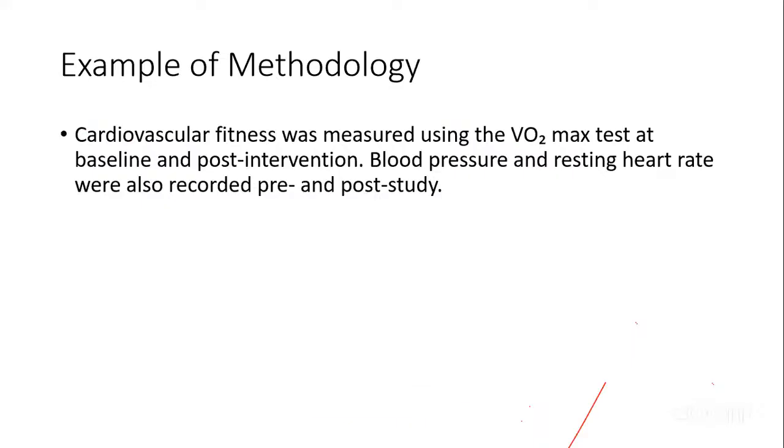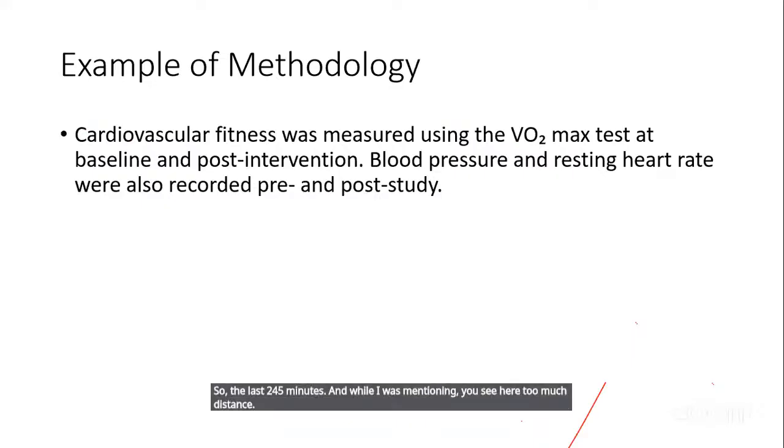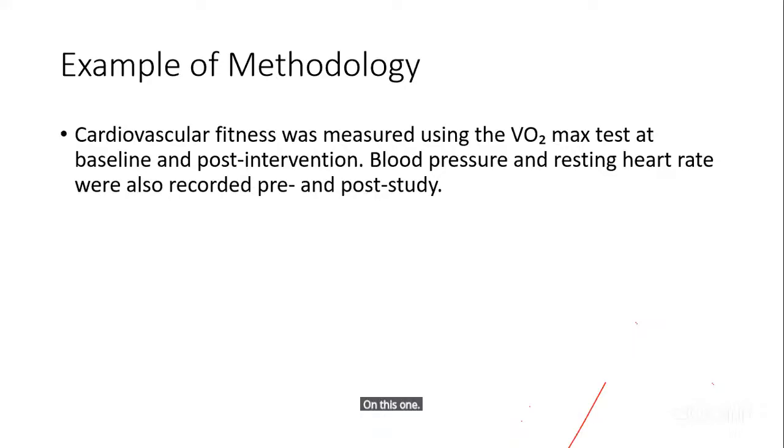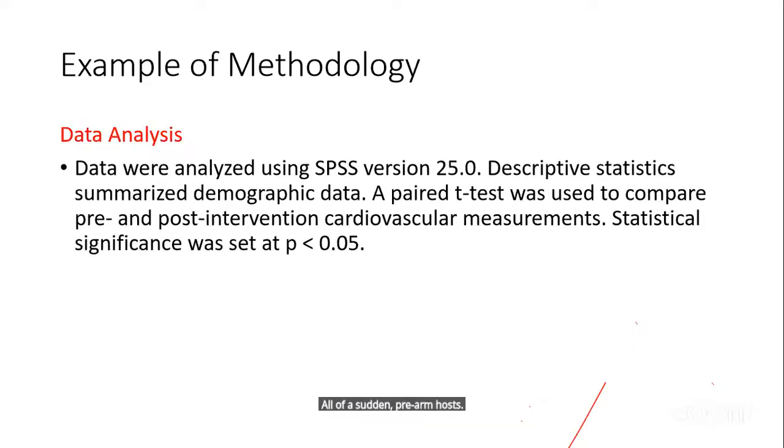Cardiovascular fitness was measured using the VO2 max test at baseline and post-intervention. Blood pressure and resting heart rate were also recorded pre and post. Data were analyzed using SPSS version 25. Descriptive statistics summarized the demographic data. The paired t-test was used to compare the pre and post intervention cardiovascular measurements. Significance was set at p less than 0.05.